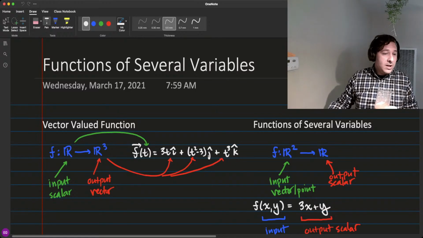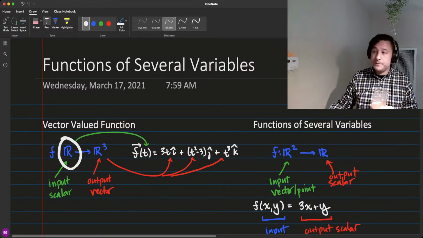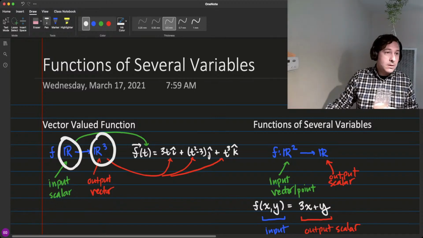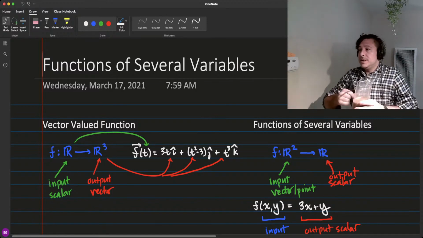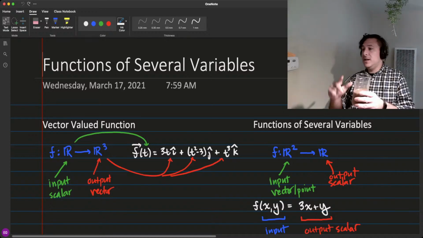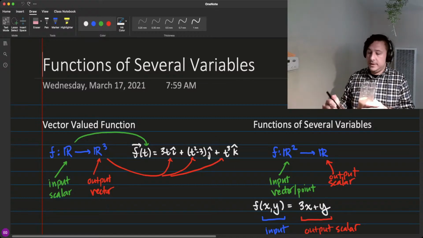So you have a single input and you have multiple outputs. That means your input is a scalar, one number, and then you get a several component vector out of it.